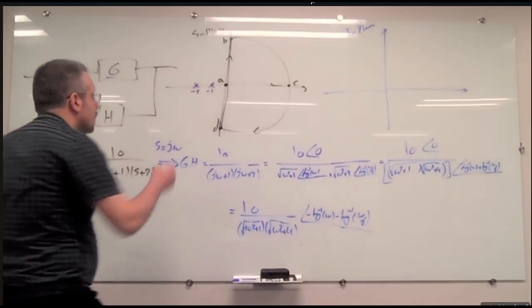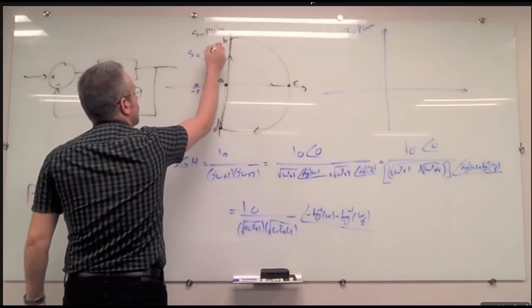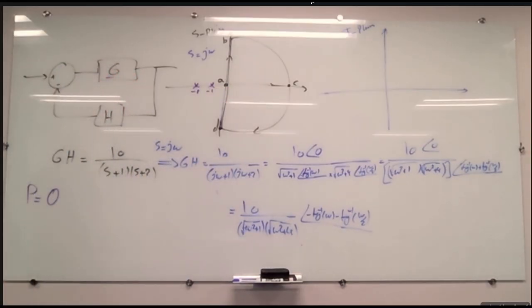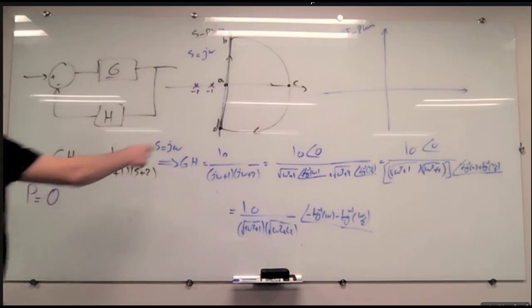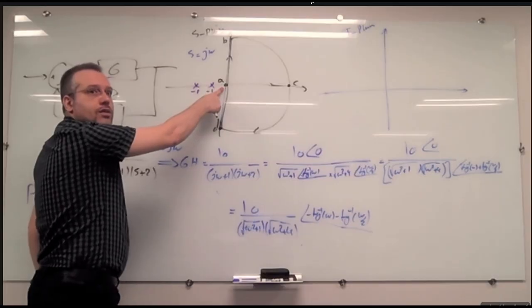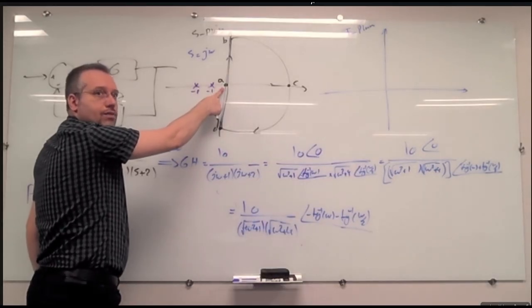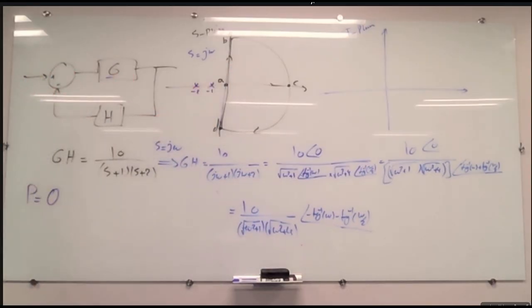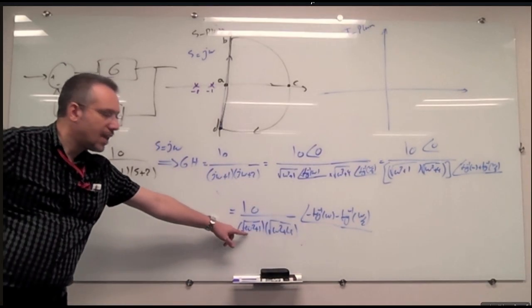Here S is equal to j omega, so we are only on the imaginary axis. What is omega on A? Zero. This is 0 plus j0, right? So omega is 0. So if we want to map A to the t-plane, we have to put omega as 0.